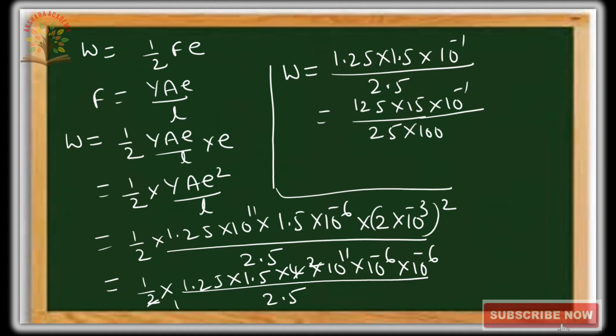So at last we are writing work done is equal to 15 by 100. After cancellation, 15 by 100 is equal to 0.15 joules. So work done W is equal to 0.15 joules.